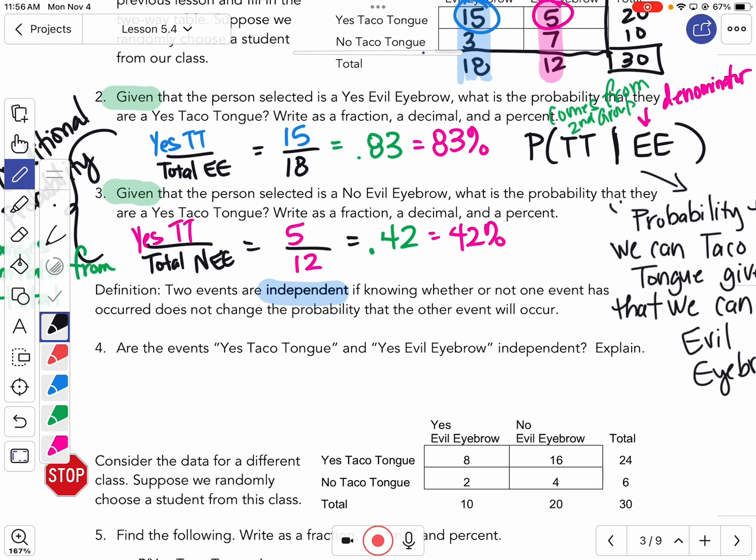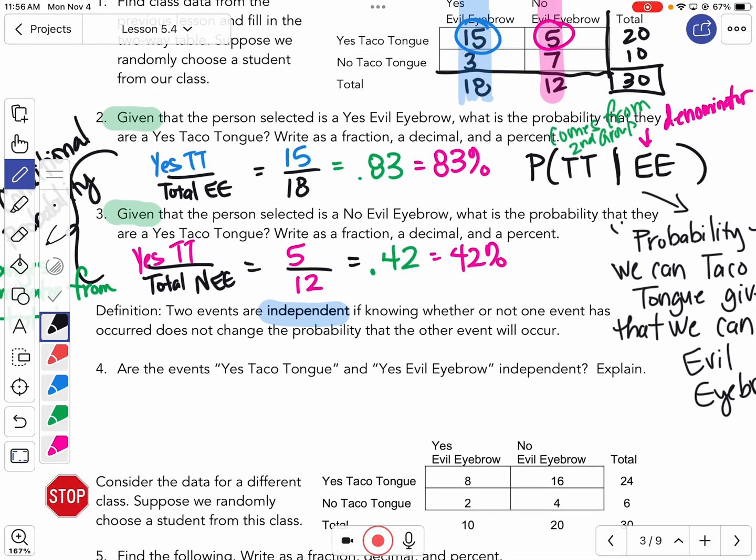How might we check? How might we decide that? I want you to look at the data that's in that chart. What do you notice about the people that can do both? There's more of them. Because there are more in that both category, chances are those two things are not independent. There's probably a greater likelihood that if I can do one, I can do the other.